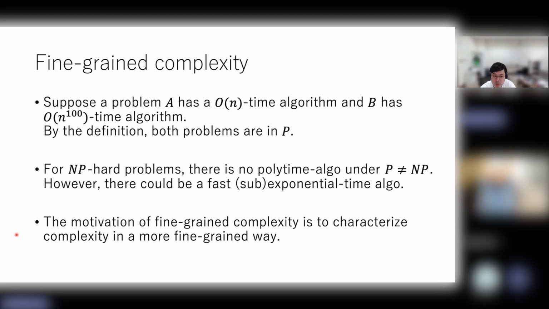For an NP-hard problem, under the assumption that P is different from NP, there's no polynomial time algorithm. However, there could exist fast exponential or even sub-exponential time algorithms. The motivation of fine-grained complexity is to characterize problems in a more fine-grained way.